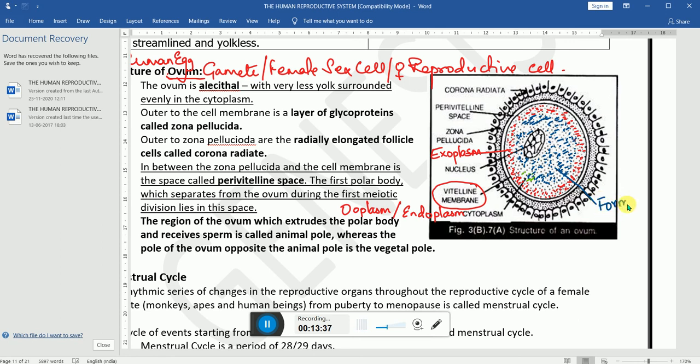So we have got one that we call a formative yolk, and this formative yolk I have shown you in this color.